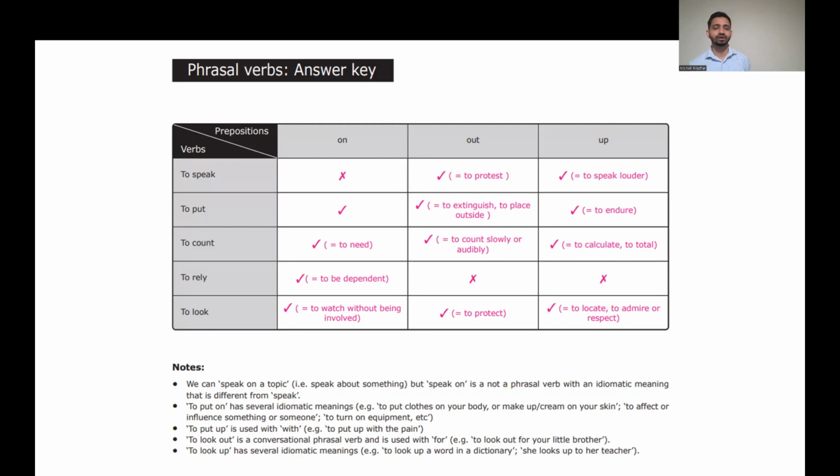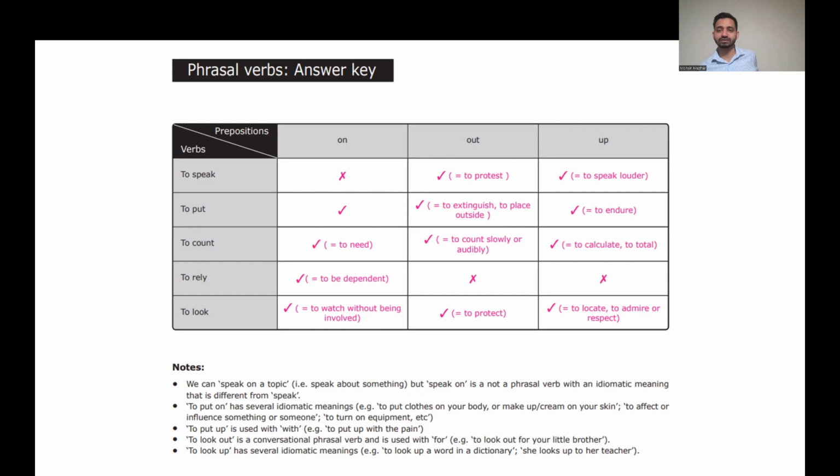So the first one we've got here is to speak on. It says here it doesn't collocate, but if you read the notes, it does provide you an explanation. We can say speak on a topic, right? But that is not a phrasal verb. So the only reason they say that you can't really collocate them together is not because you can't. You can actually collocate them together.